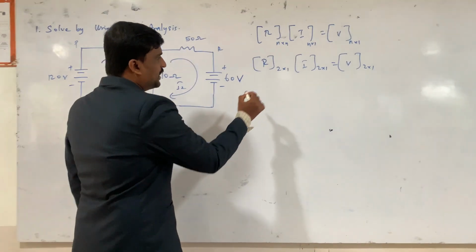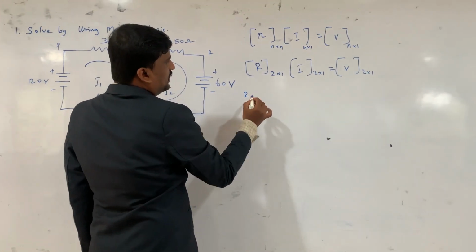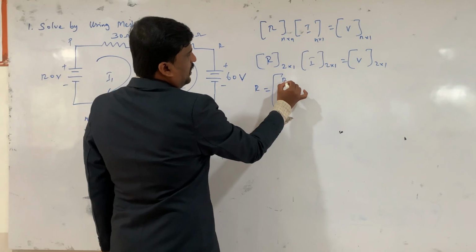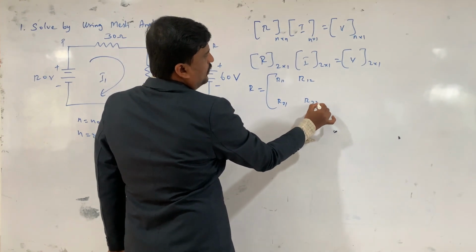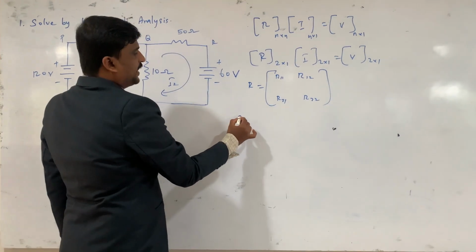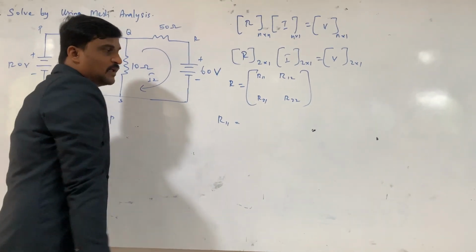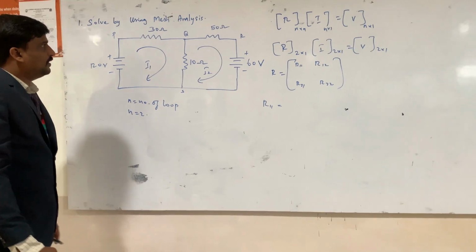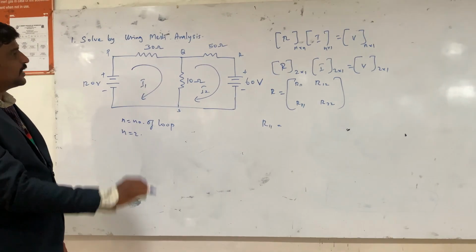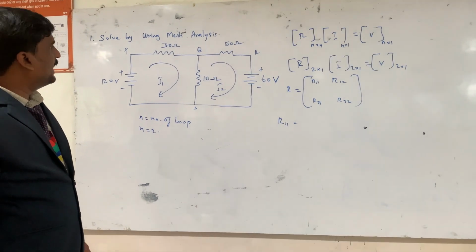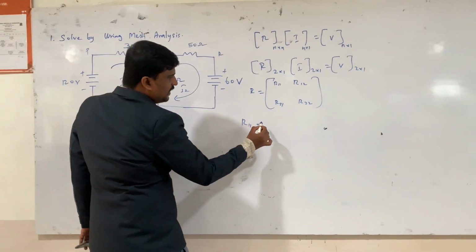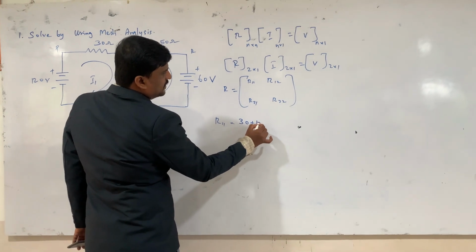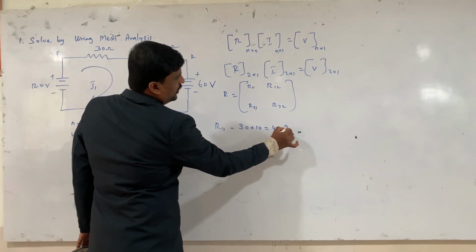First for the R matrix, the elements will be R11, R12, R21, R22. We'll first find R11. From loop 1, we add all the resistors connected to it. Here we have 30 ohms and 10 ohms, so 30 plus 10 is equal to 40 ohm.